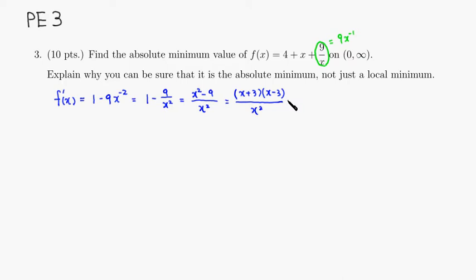We set this equal to 0 to find the critical numbers. So x equals plus or minus 3. But since we're looking at the interval from 0 to infinity, we only consider the positive one, so we look at positive 3. This is the only critical number.